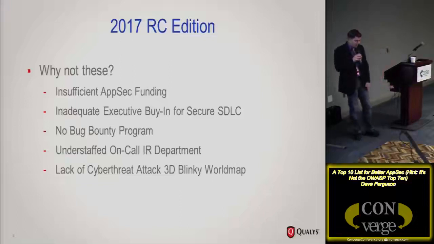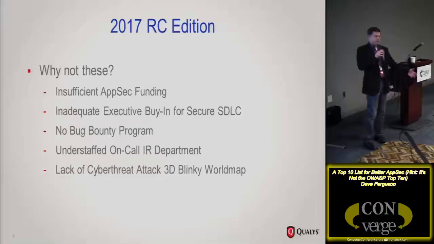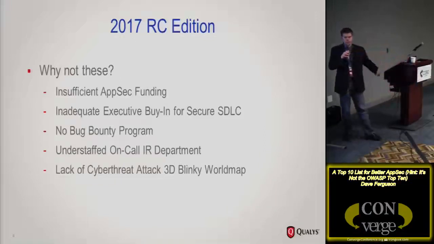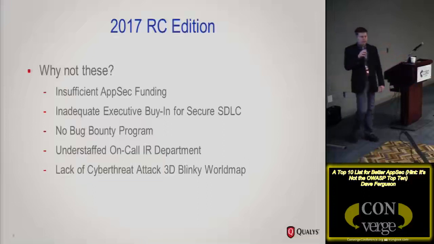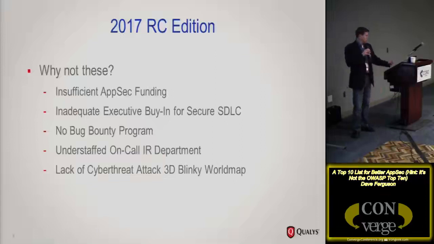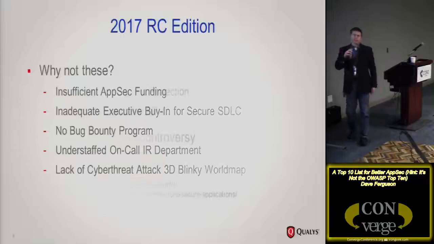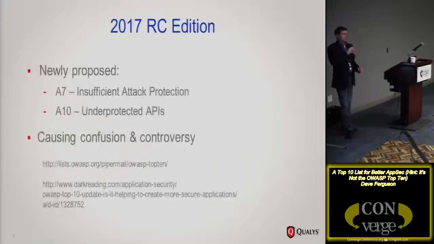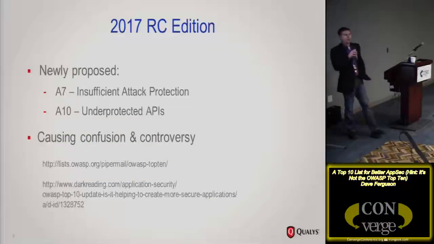And I also need to mention that OWASP, of course, is supposed to be an open organization, vendor-free, vendor-neutral, agnostic. But there's some thoughts that the insufficient attack protection, A7, specifically benefits a certain class of vendors out there.